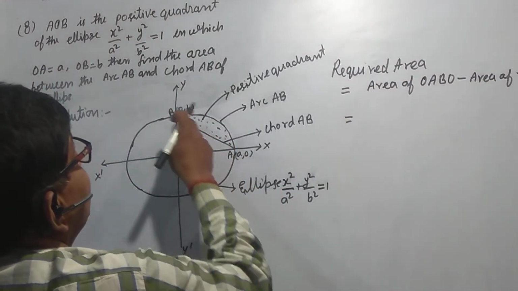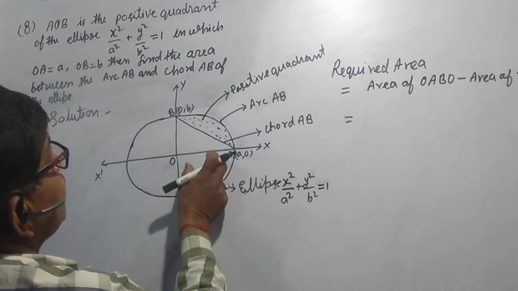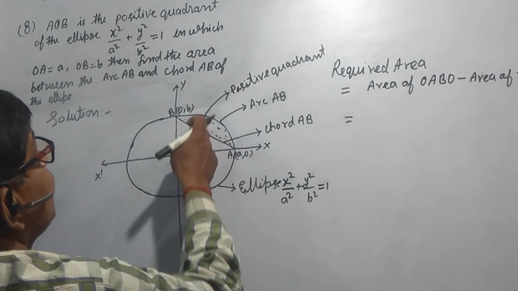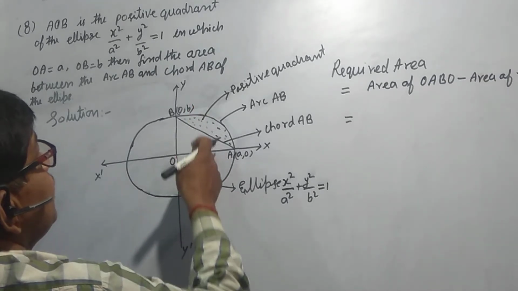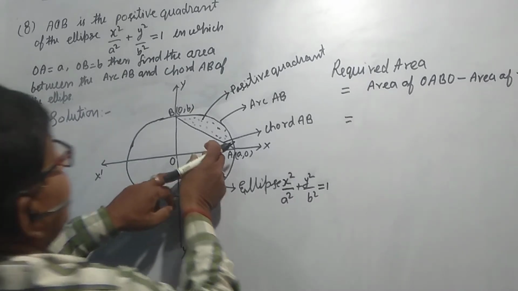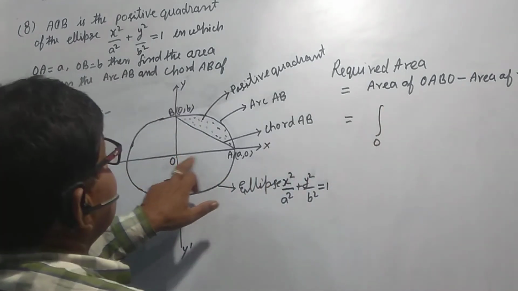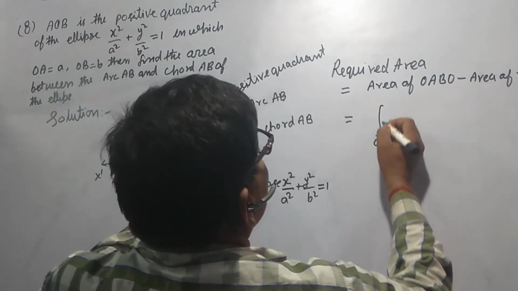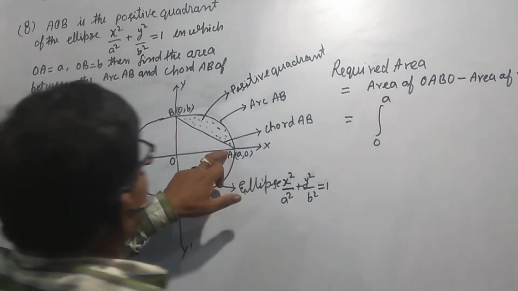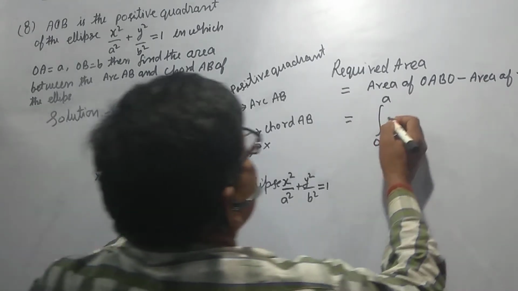Now for the area under the curve, we take the strip dx, perpendicular to this. The area is the integral from 0 to a of y dx.